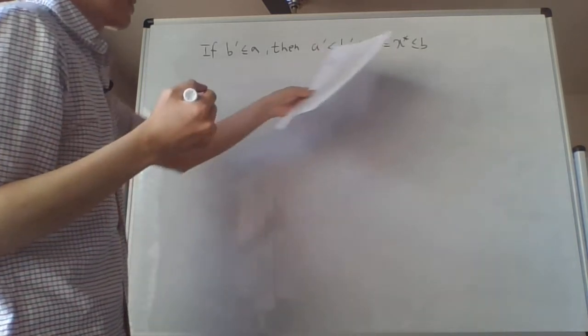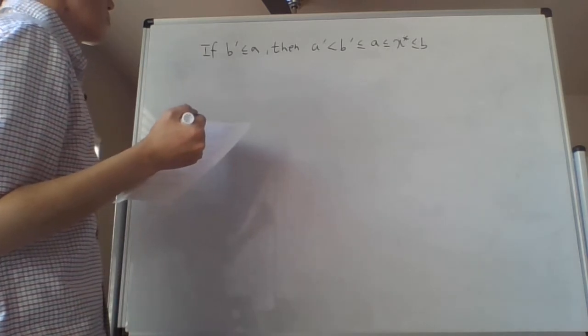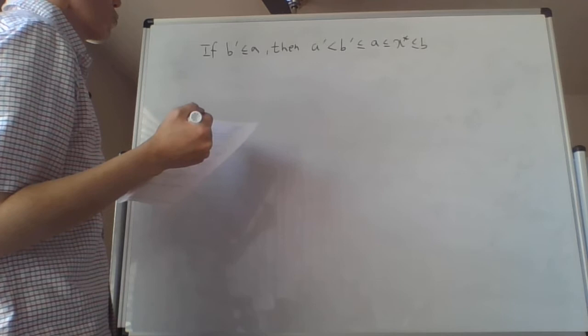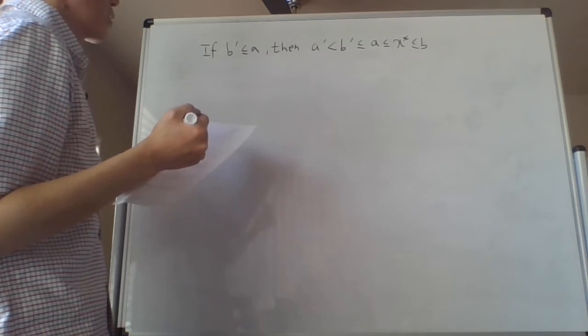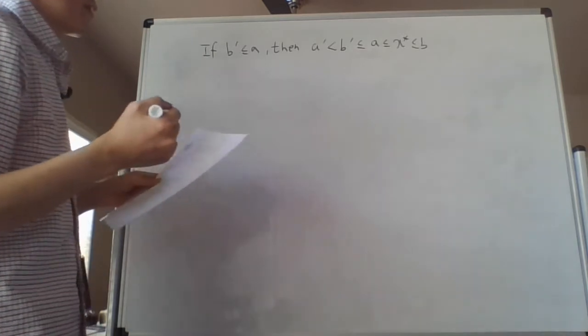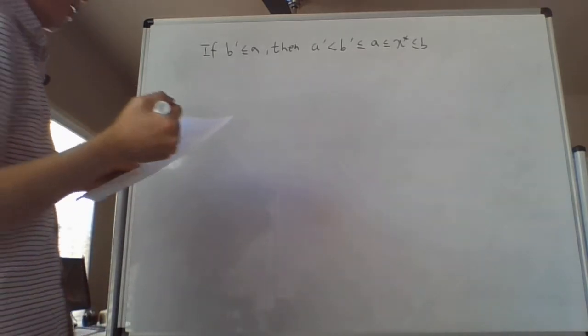Because we have the mode between a and b, and we only consider the case b prime is less than or equal to a, and also the case a prime is less than a. So a prime is less than b prime, less than or equal to a, less than or equal to x star, and less than or equal to b.